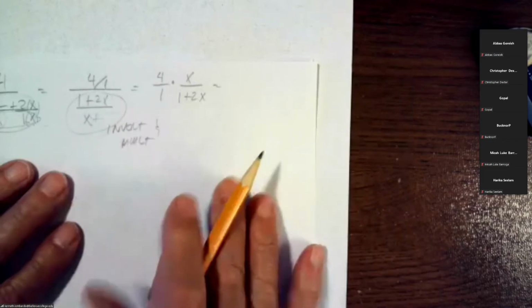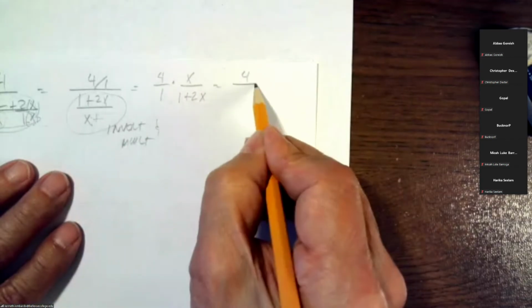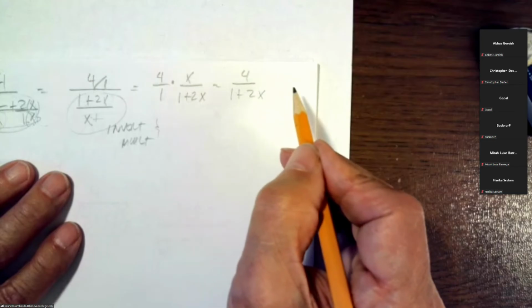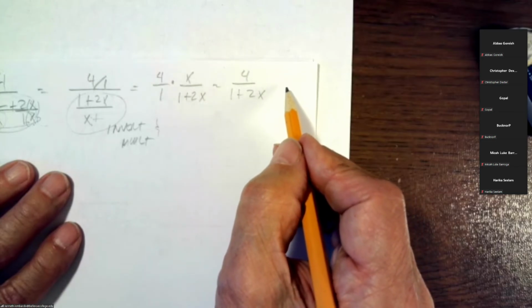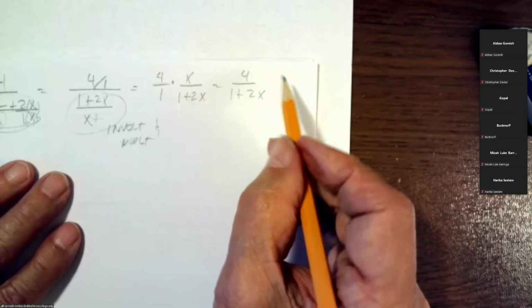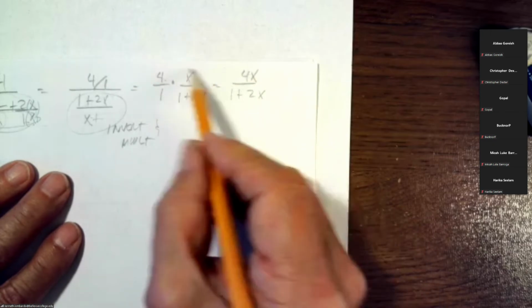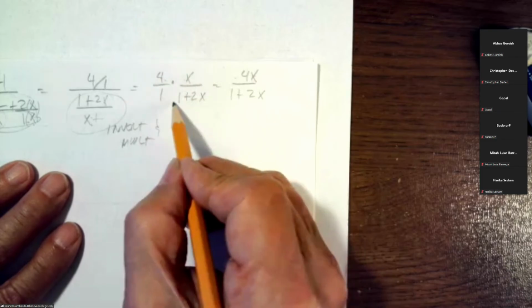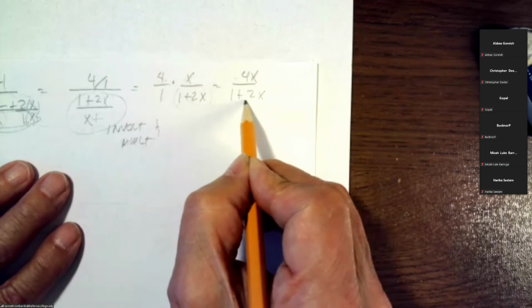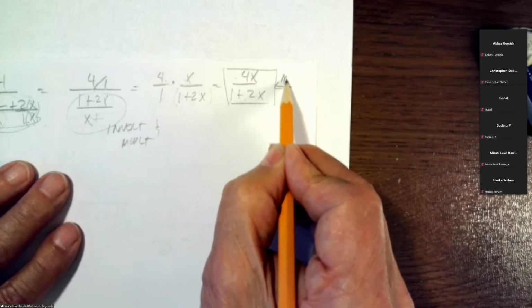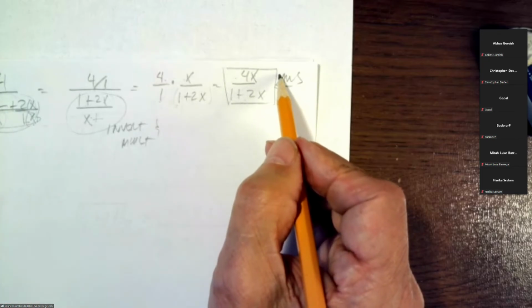We should have something that looks like that, which is 4x over 1 plus 2x. And can we go any simpler than that? Let's see. Well, we have 4, that should be an x there, shouldn't it? 4 times x is 4x. 1 times 1 plus 2x is that. So we end up with something that looks like that.